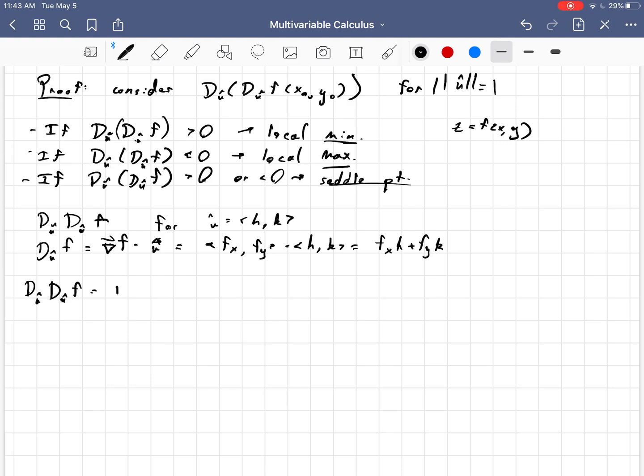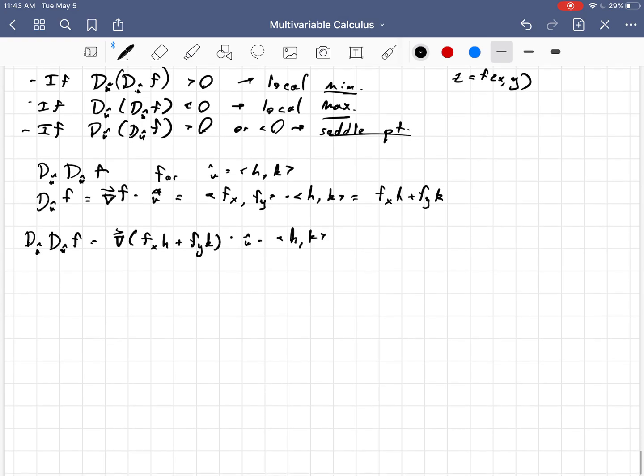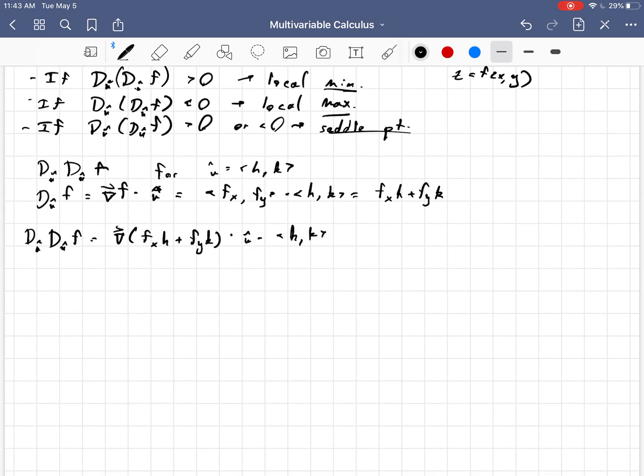So d sub u of d sub u of f would then be equal to the gradient of f sub x h plus f sub y k, dotted again with our unit vector u, which will be the vector h comma k, because remember we have to dot it twice here, since we're taking two directional derivatives. And u is h comma k.